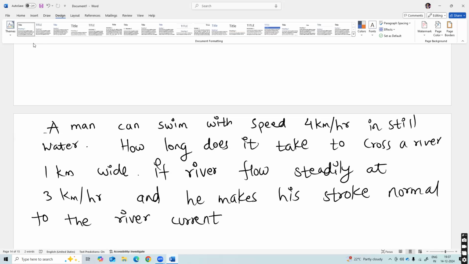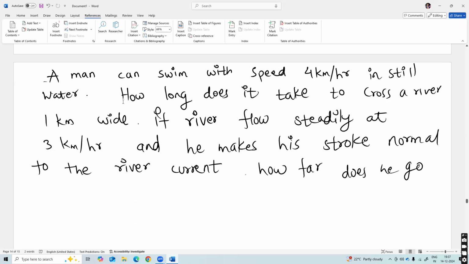How far does he go when he reaches the other bank? This question covers most of the things.